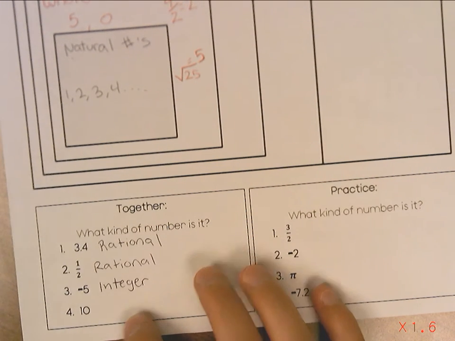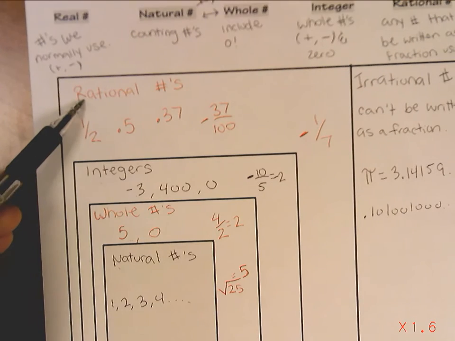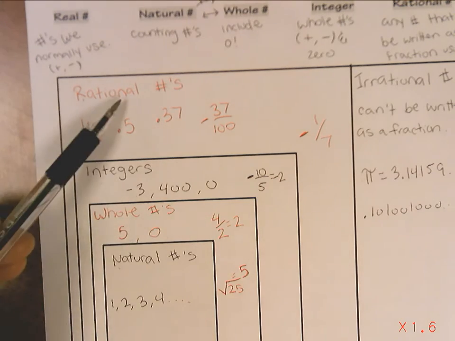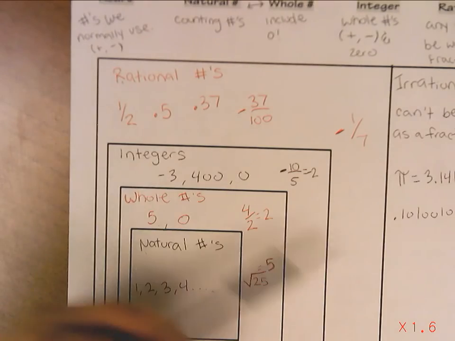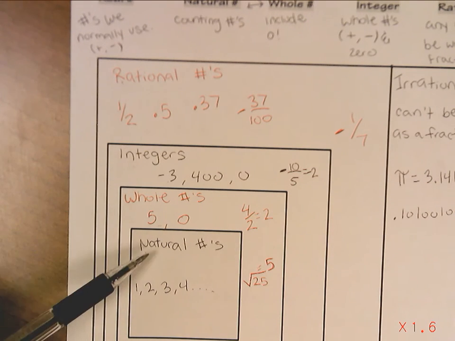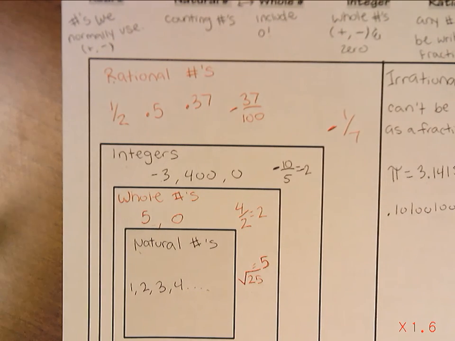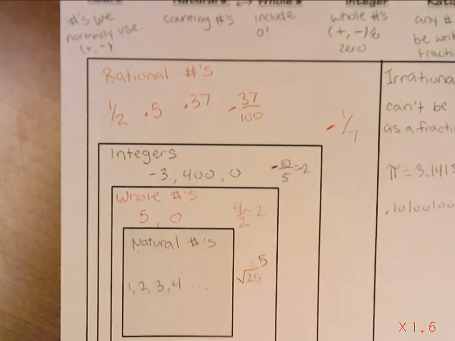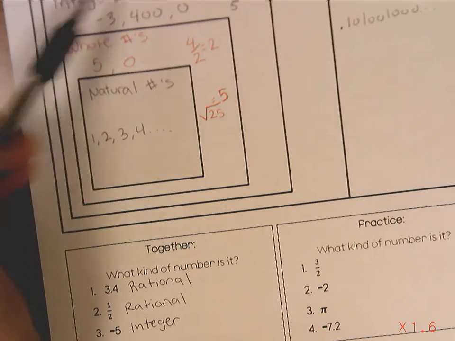Okay, and remember, if it's an integer, then it has to be rational, because all of these are rational. That's why rational is the biggest box. It includes them all. And if it's an integer, that means it can be a whole number and a natural number too. No, that was the opposite. Sorry.